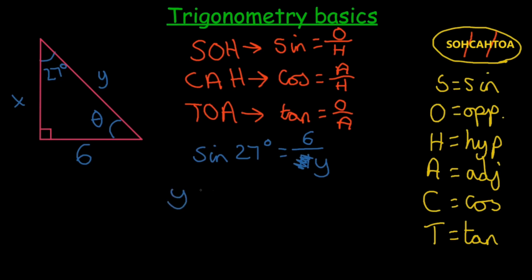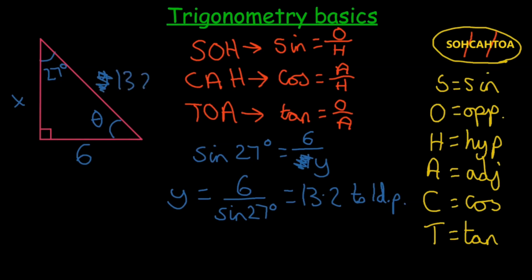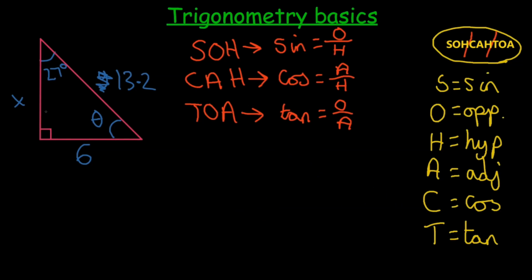So y is equal to 6 divided by the sine of 27 degrees, which is equal to 13.2 to 1 decimal place. So this is 13.2. Now let's have a look at side length x. Now we know the angle and the hypotenuse.